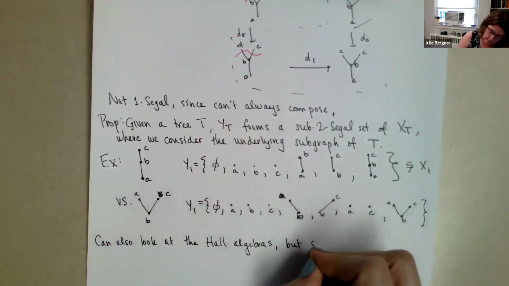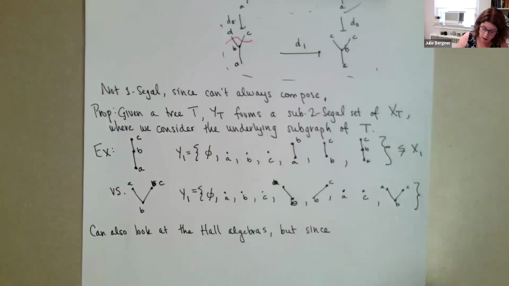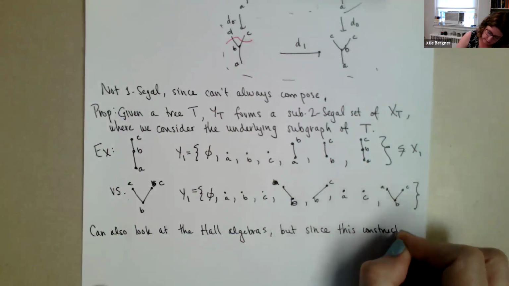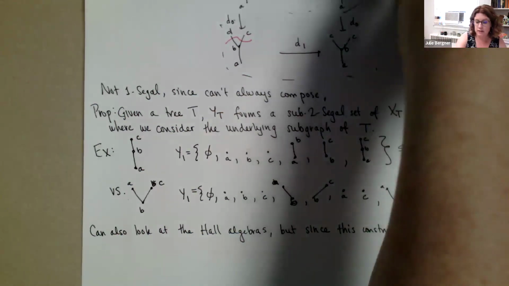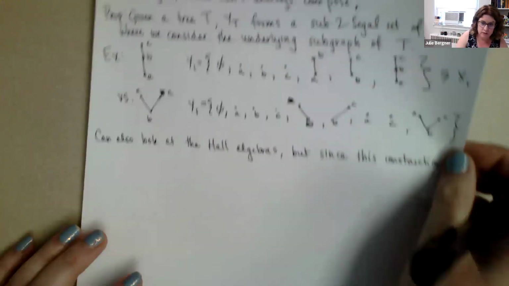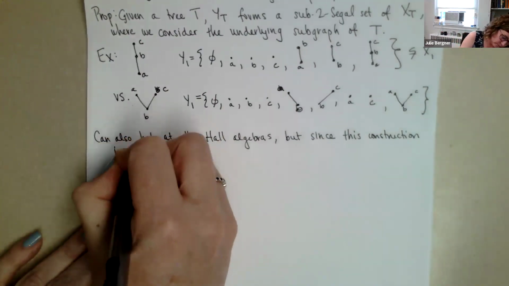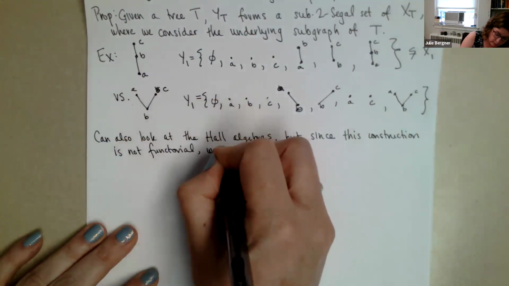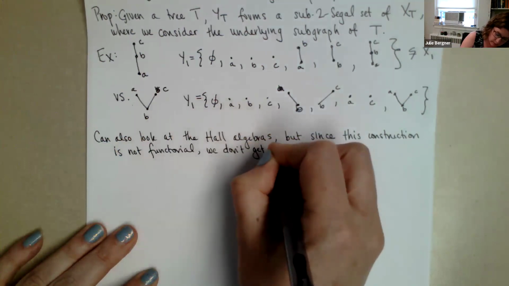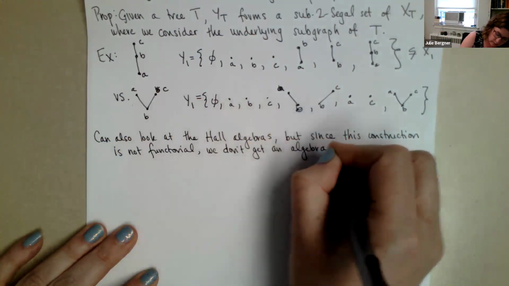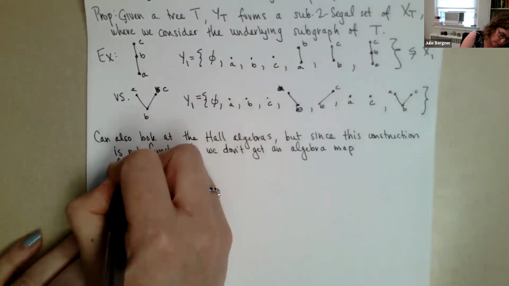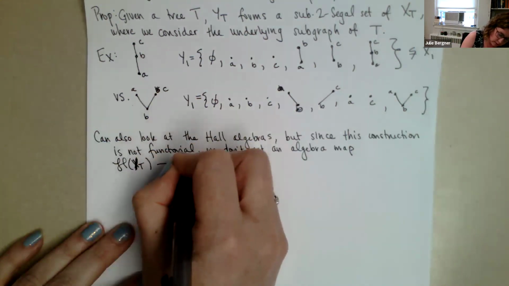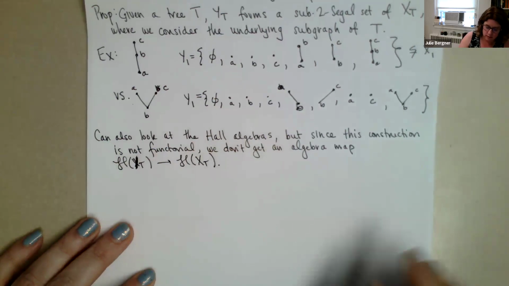But since the Hall algebra construction in general is not functorial, something, if you're curious, I think you can go and check from the definitions, we don't get an algebra map from the Hall algebra associated to YT to the Hall algebra associated to XT.